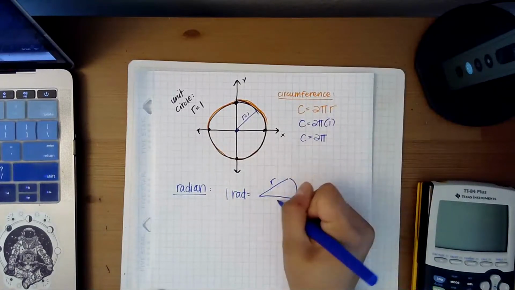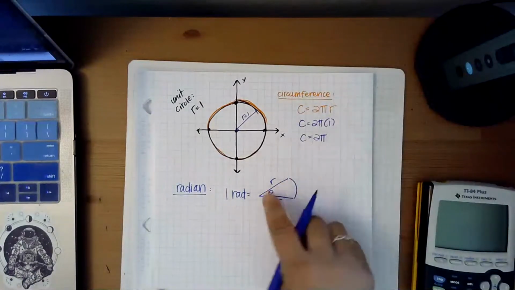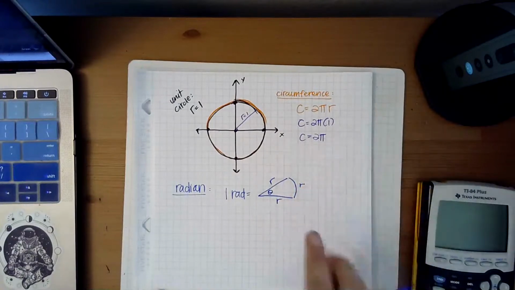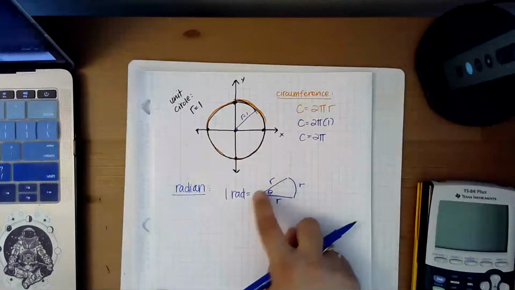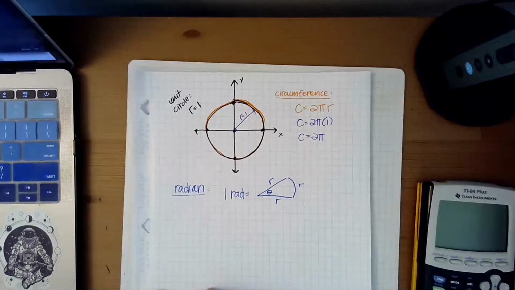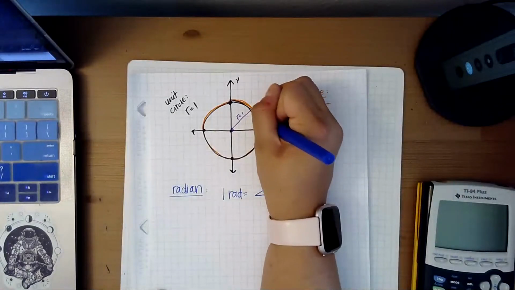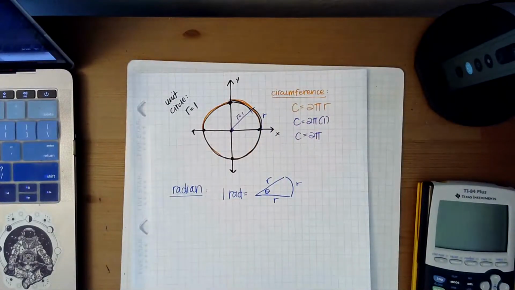If this is my R and this is my R, 1 radian is this angle opening that creates arc length, that little crust of that pizza, that's equivalent to this radius, okay? So that means that from here to here must also be R for that to be 1 radian.